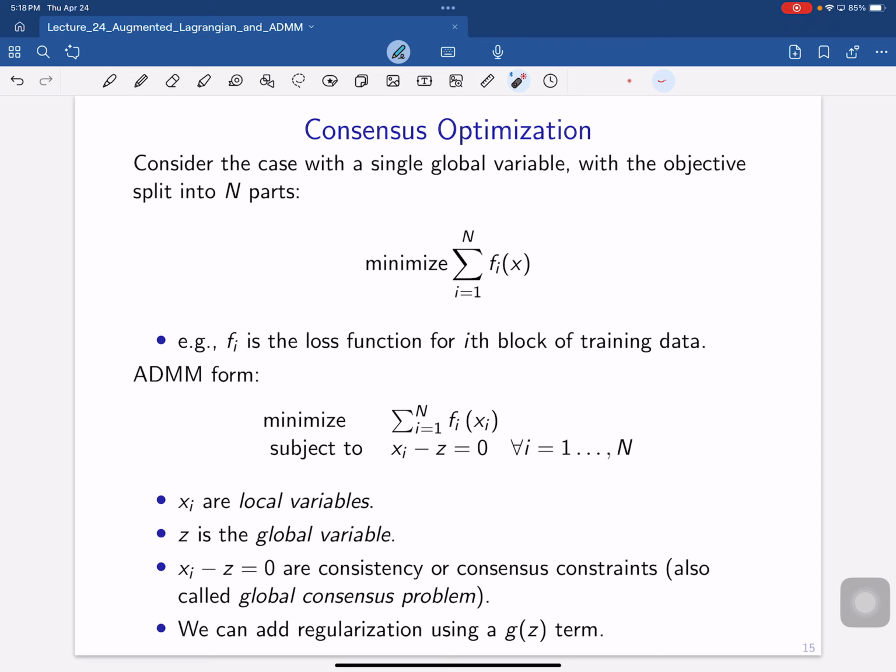But here, for notation convenience, we just assume we have defined a so-called global variable z, and you set all the local variables equal to z. So this is called consistency or consensus constraints, or the global consensus problem. But if you want to make an analogy, this is like the non-anticipativity constraint we talked about before, like in stochastic programming.